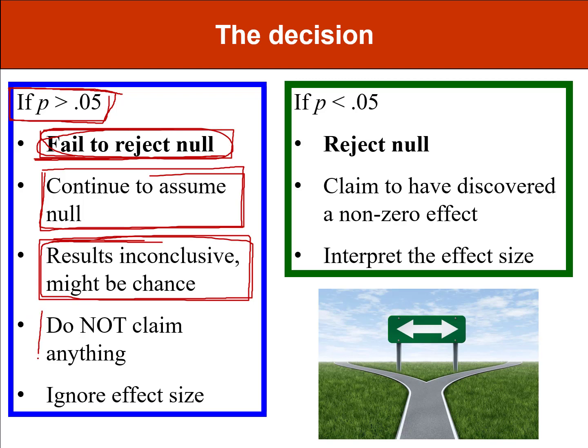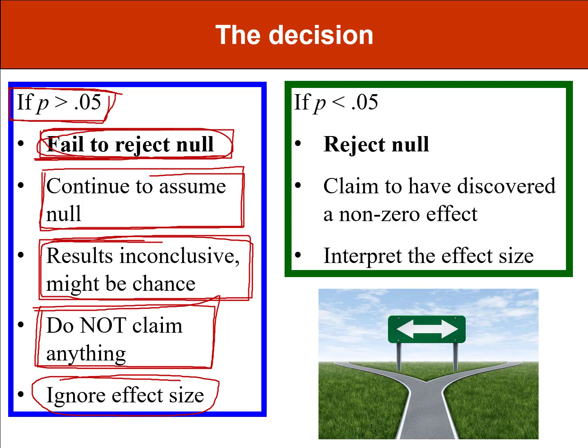So if we fail to reject the null hypothesis, now note that we're not saying that we think the null hypothesis is true. We're just saying we weren't able to claim anything. So saying results are non-significant means we're not going to claim anything. And at this point, if I calculated an effect size, like a D statistic or a correlation or something like that, I wouldn't try to interpret it. I would just simply ignore that. I'd say I don't have any evidence there's any effect at all.